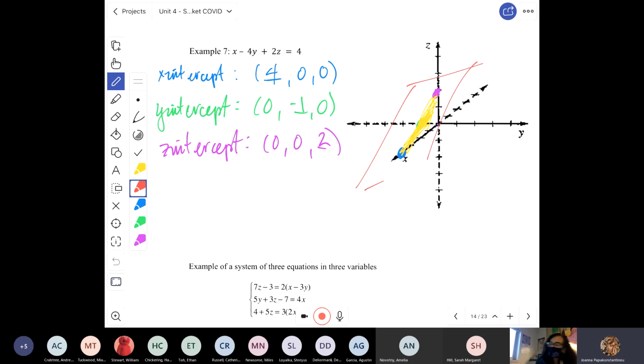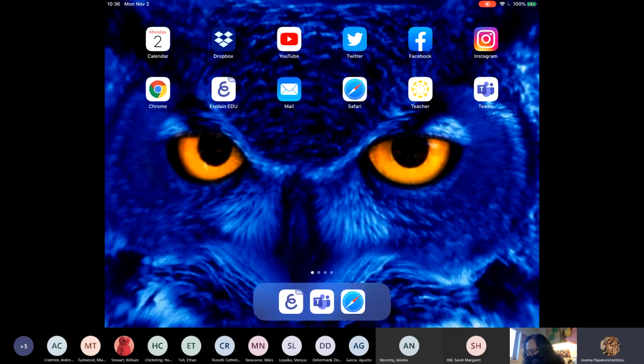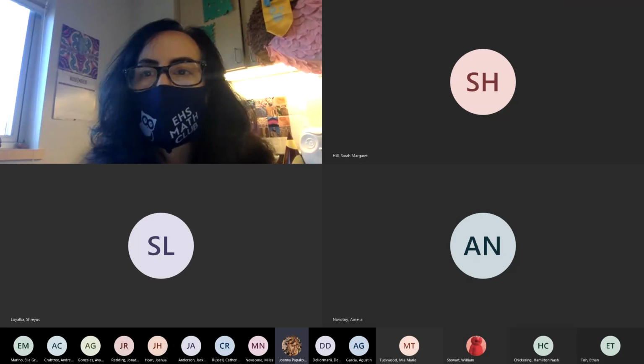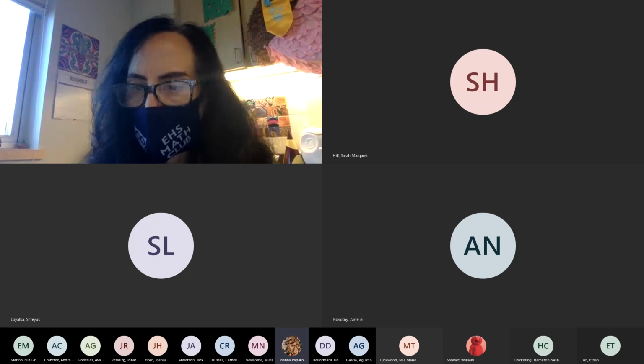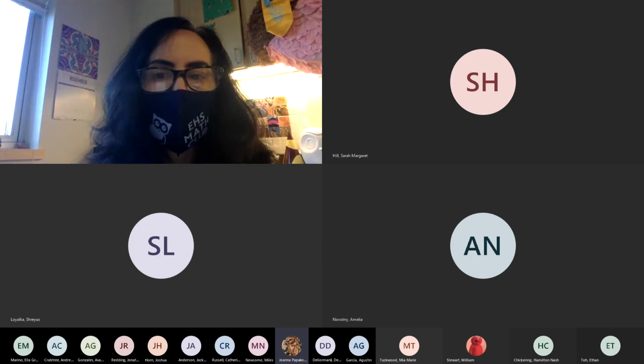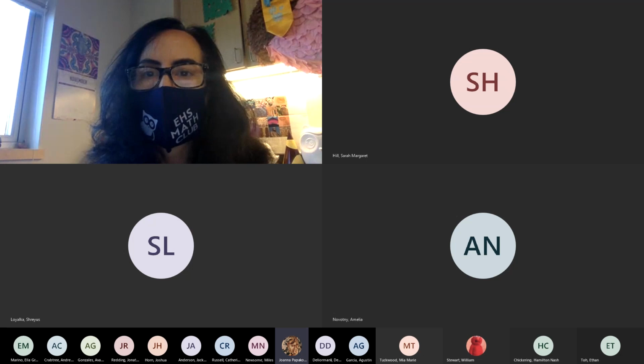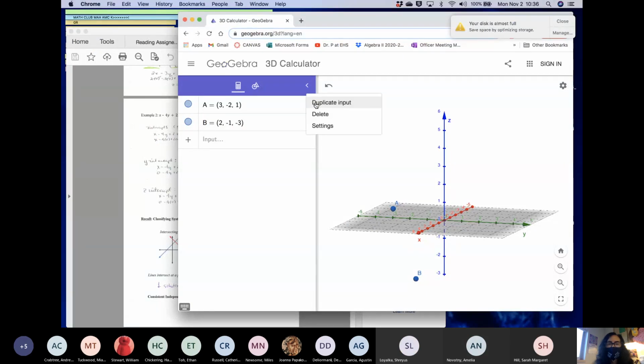So let's go back to Geogebra, and let's see what it looks like on Geogebra to see if I can better recognize what's happening. Let me plot those intercepts.